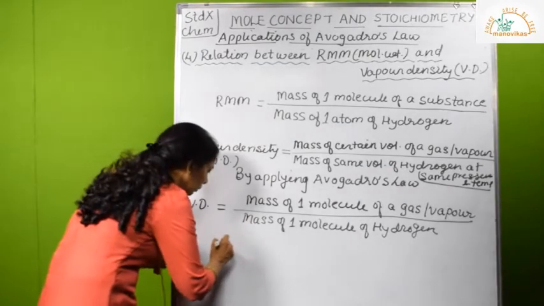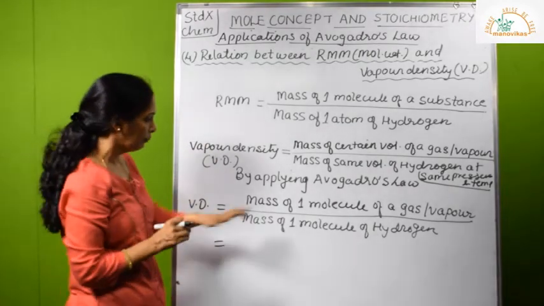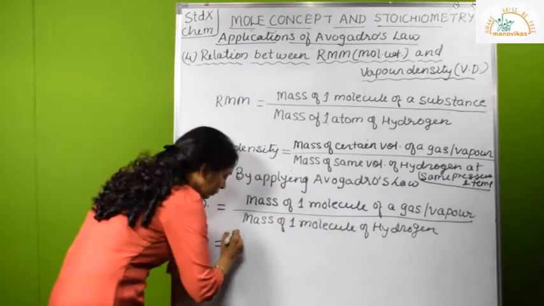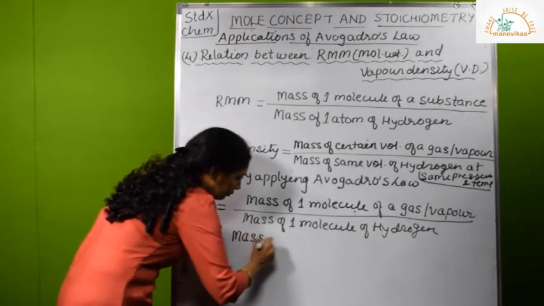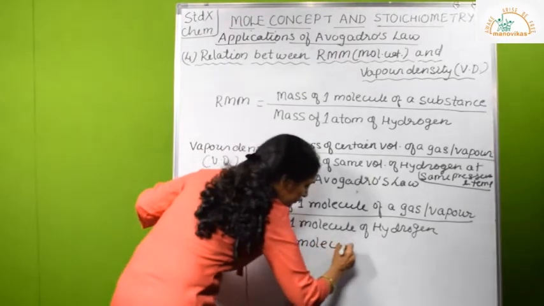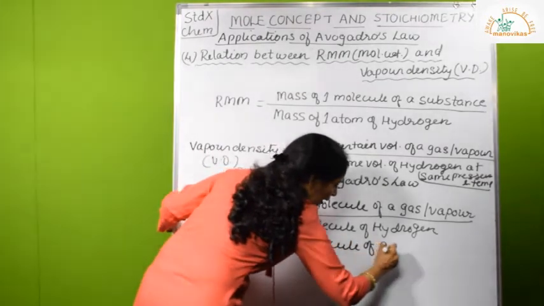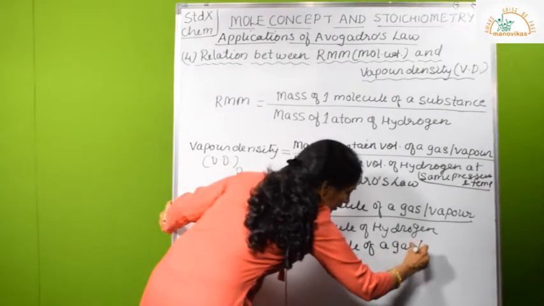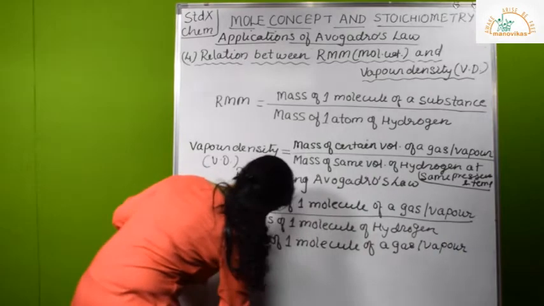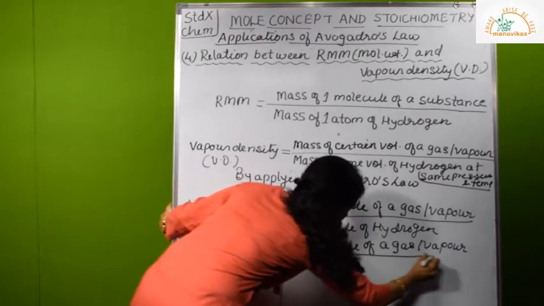We can also make a slight change over here. This gas or vapor is a compound, so we will write it as it is, mass of 1 molecule of a gas or vapor.